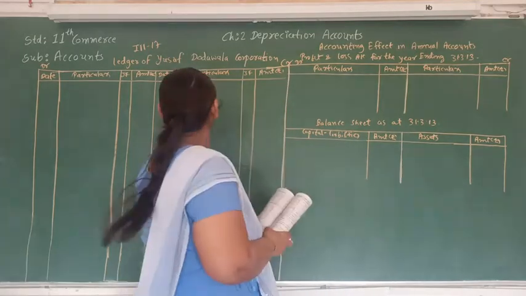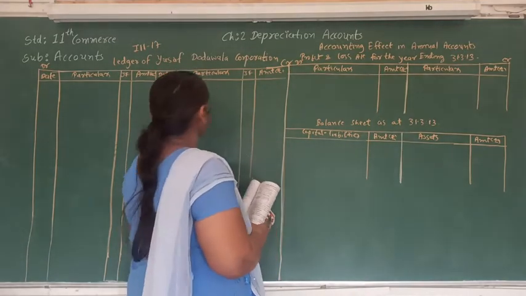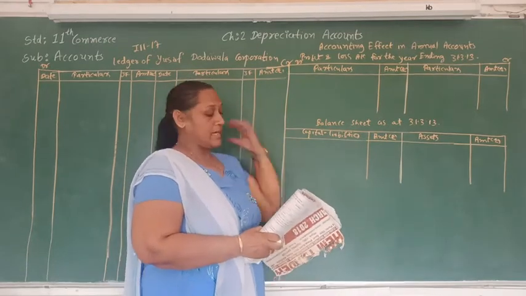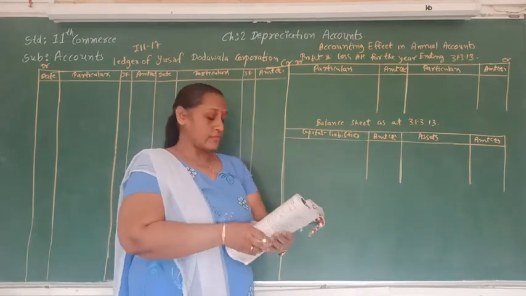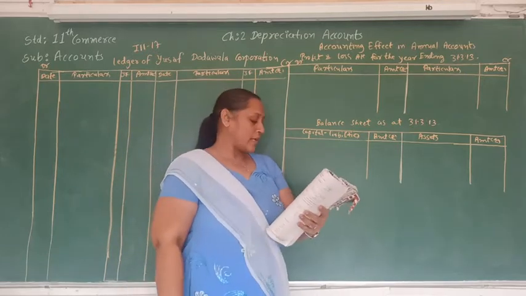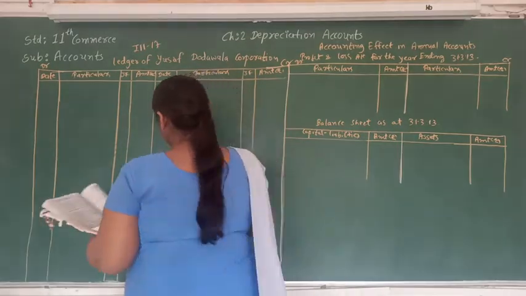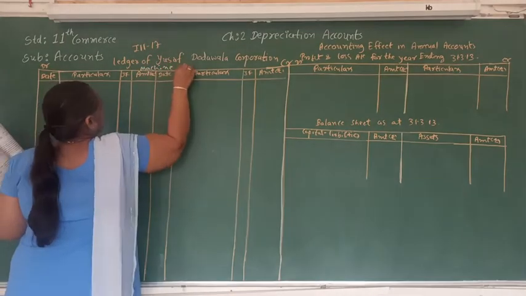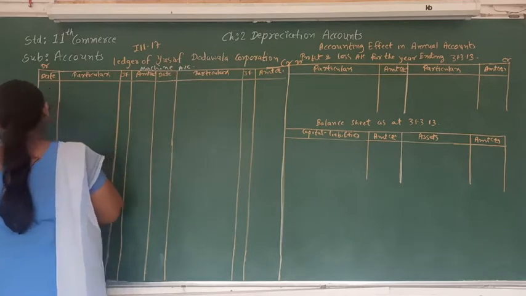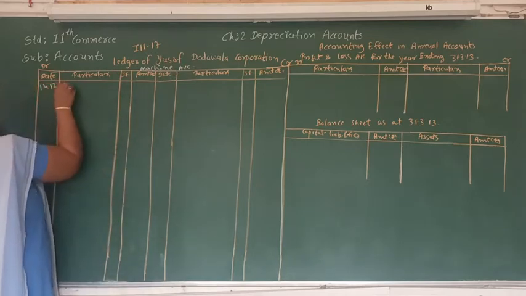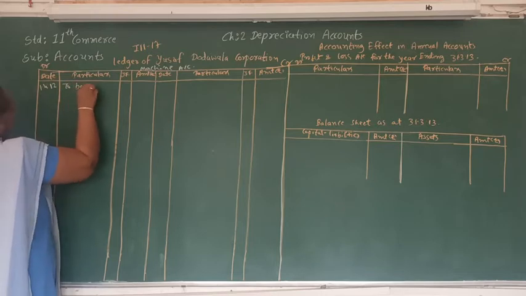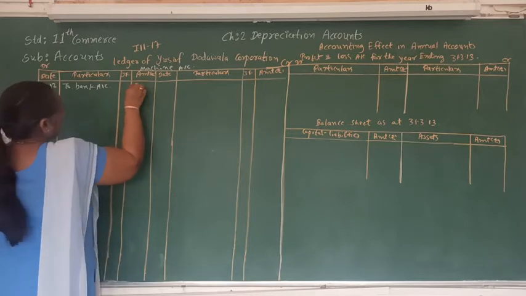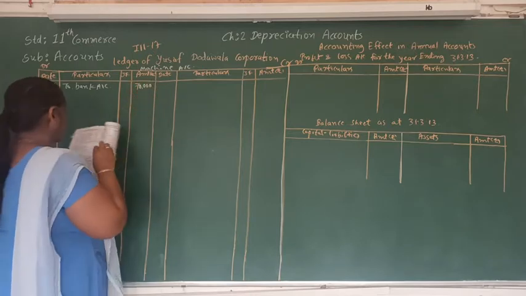So here we have already prepared the machine account, as well as the profit and loss account and the balance sheet. In the machine account, on 1/4/12 we have purchased the first machine. So for that, to bank account, as it is purchased, we have to write bank account, and it is for 70,000.